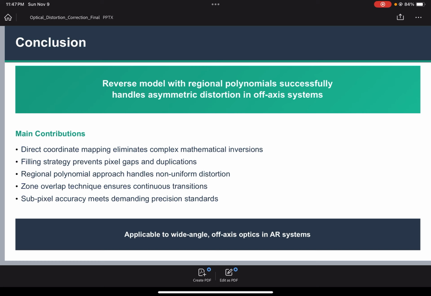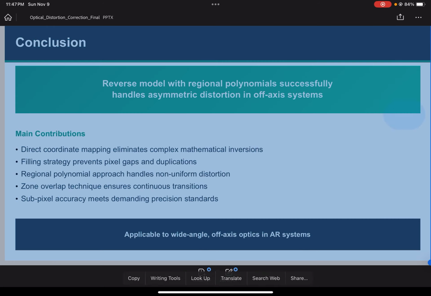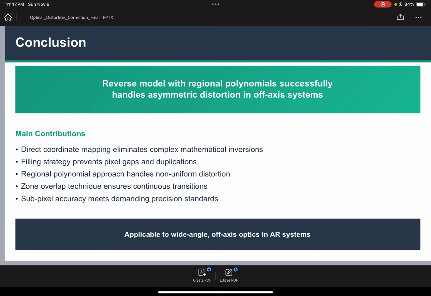First, direct coordinate mapping eliminates complex mathematical inversions. You don't need to algebraically solve for inverse functions, which can be difficult or impossible for high order polynomials.